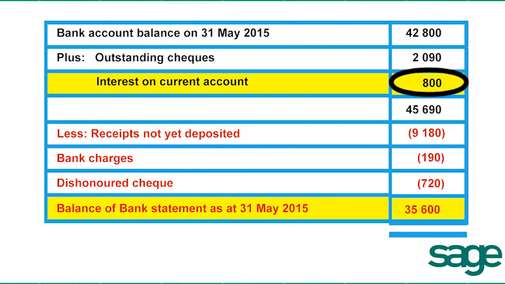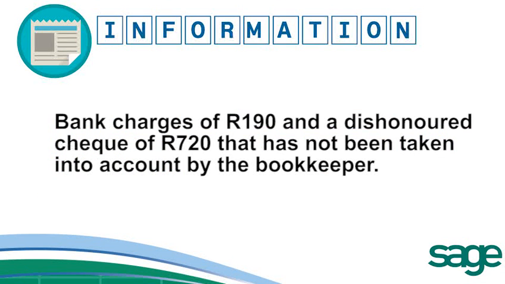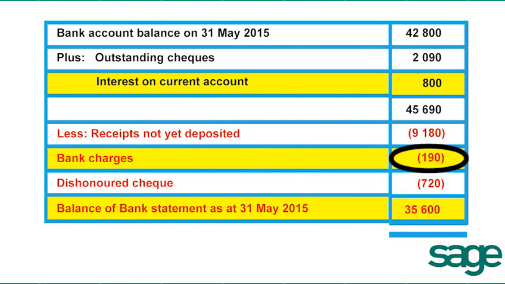So interest on current account is added in, as well as the bank charges of $190 and a dishonored check of $720 that has not yet been taken into account by the bookkeeper. So $190 for the bank charges, as well as $720 for the dishonored check, is subtracted from the bank account.